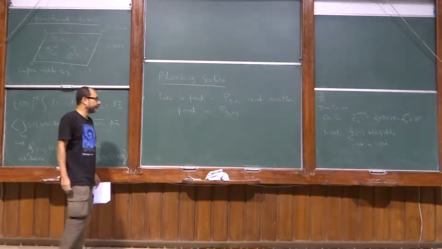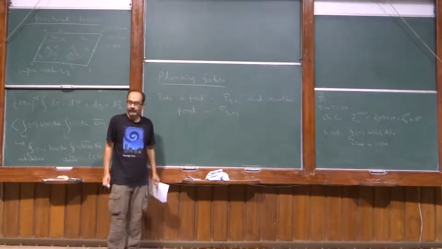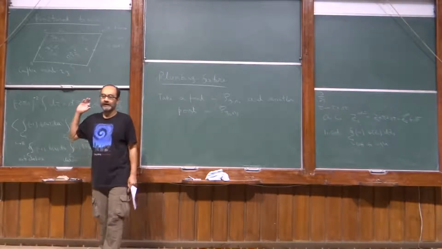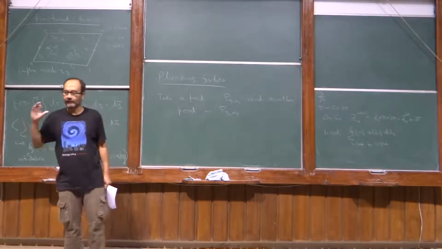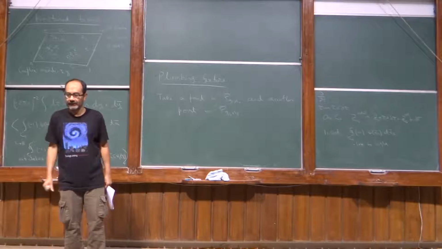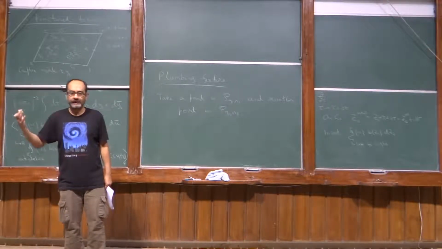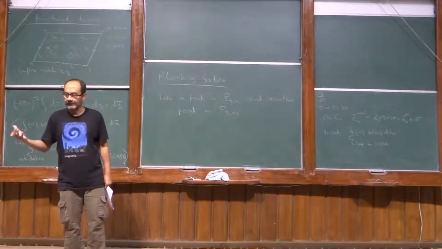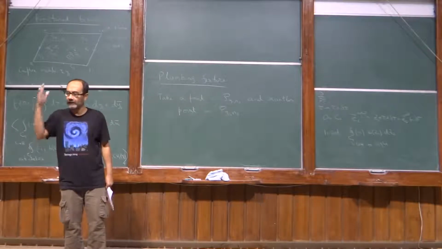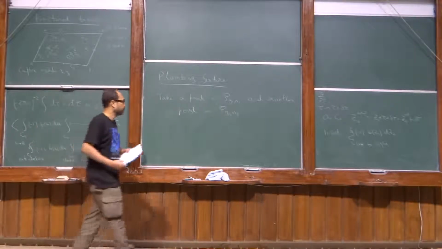So a point in Pg1N1 means that somebody has given you a Riemann surface of genus G1 and N1 punctures together with the choice of local coordinates at each puncture. That's the point in Pg1, right? You have the base coordinate and the local coordinate. Same for Pg2.